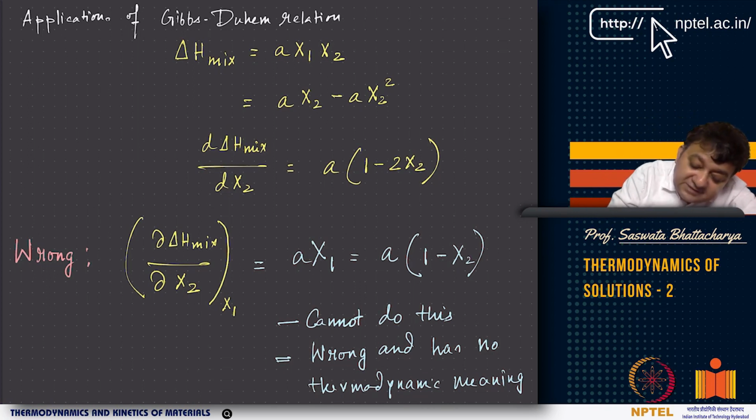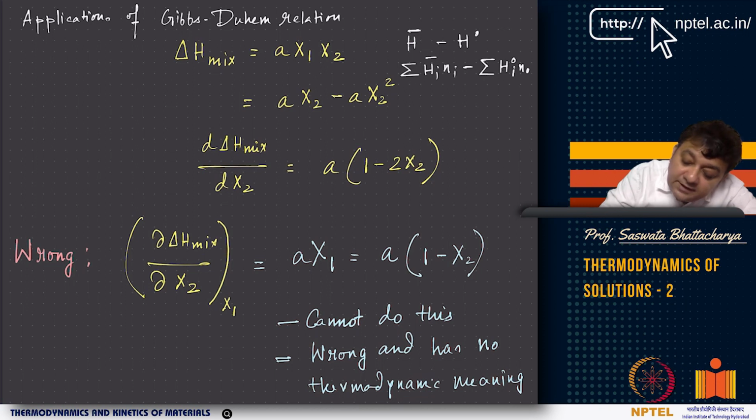Enthalpy of mixing, or change in enthalpy, means delta H mix is basically H bar minus H naught, which is the summation of Hi bar Ni minus Hi0 Ni0, right? That is giving you delta H.